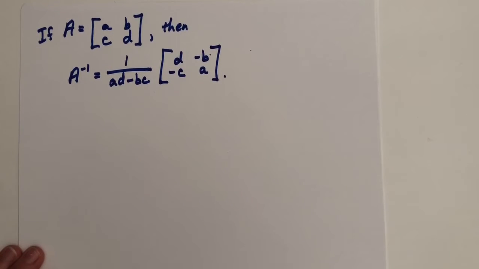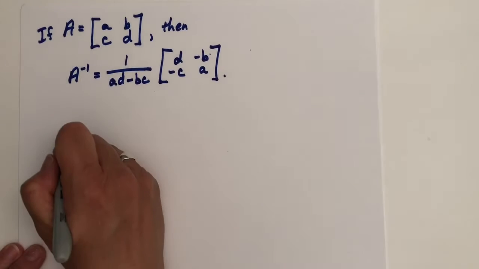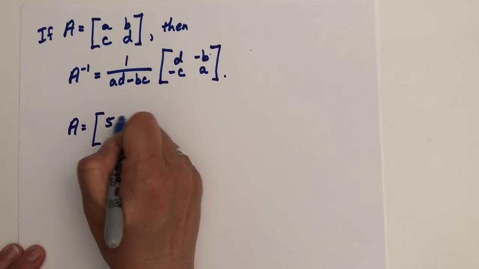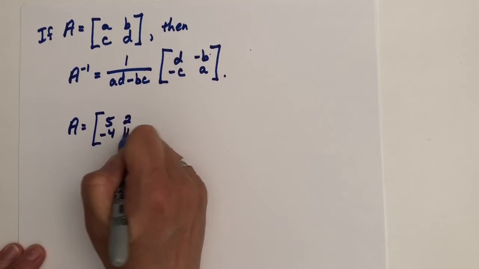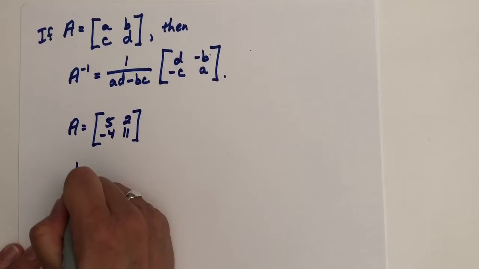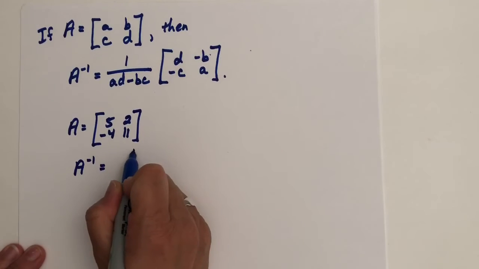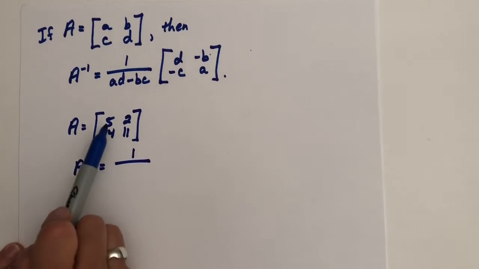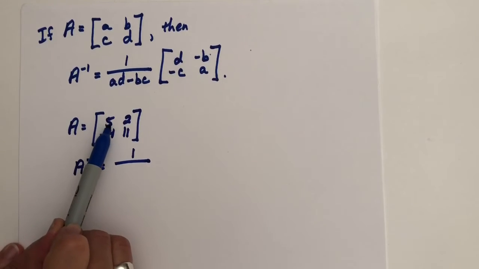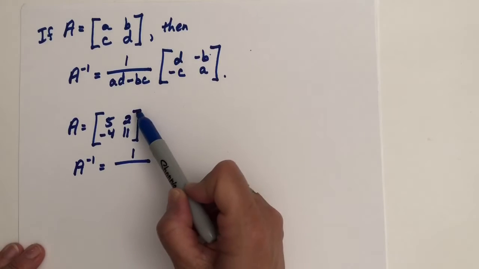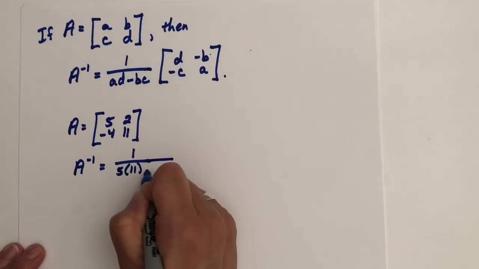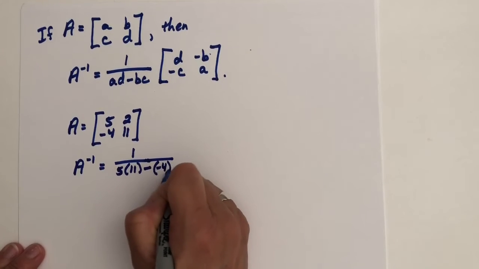So if you wanted to use this formula and you had it memorized, and you had A equals 5, 2, -4, 11, and you were going to find A inverse, it would equal 1 over, now the product of AD minus BC, that is 5 times 11 minus -4 times 2.